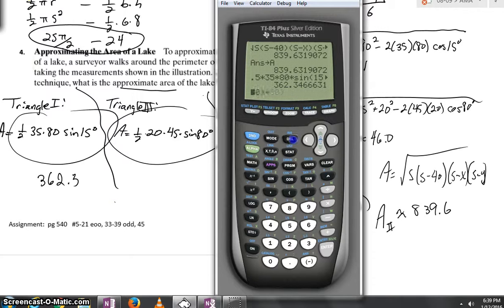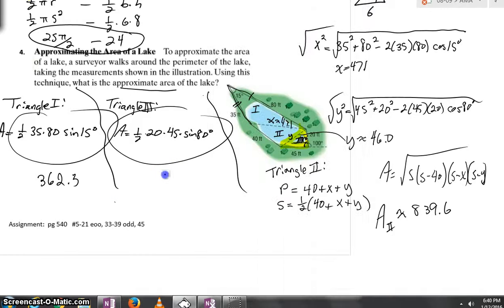I think I might have talked about storing that in for alpha B, but I'm afraid I did not. So we'll just take a moment and go back and get that in there. Okay, and then real quickly, just finishing this off, 0.5 times 20 times 45 times the sine of 80. We can even store that in alpha C. And you can see we'd get 443.2.